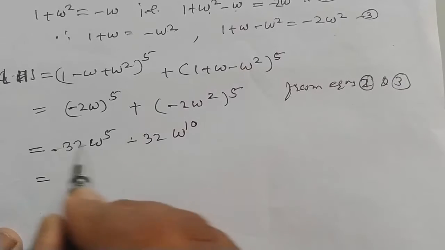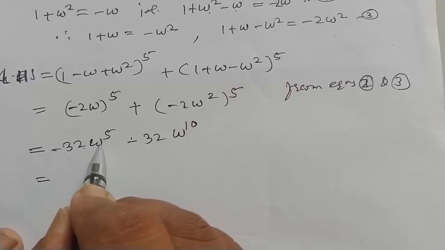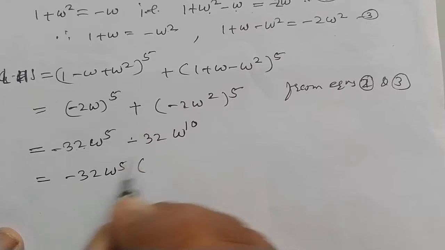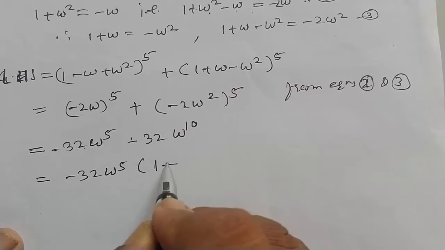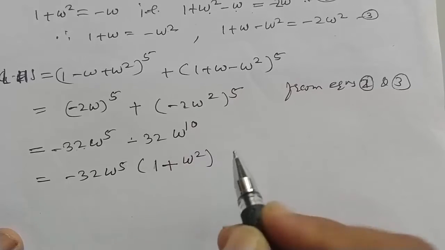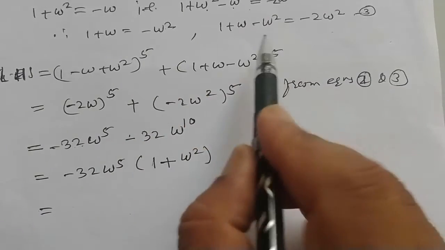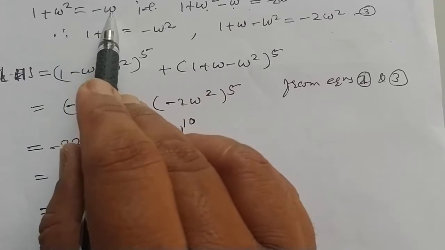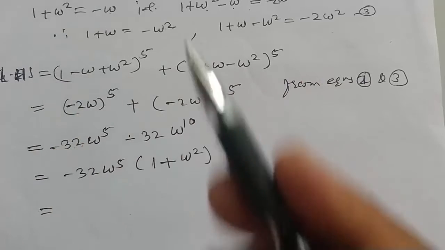So this is equal to, we can take 32 omega raised to 5 common, and here it is 1 and here, since we have taken the minus sign common, it is plus omega raised to 5. Now 1 plus omega square is again minus omega. 1 plus omega square is equal to minus omega.